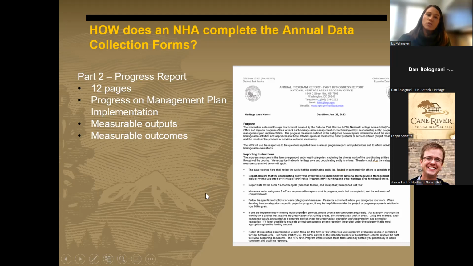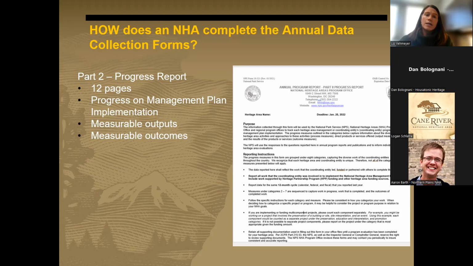But it is trying to get to measurable outputs and measurable outcomes of your projects and programs. You'll see that it's broken up into the buckets of work that NHAs typically do. So you have questions about recreation, education, conservation, preservation, and then I'll talk a little bit about the end part, but those are the general ones.